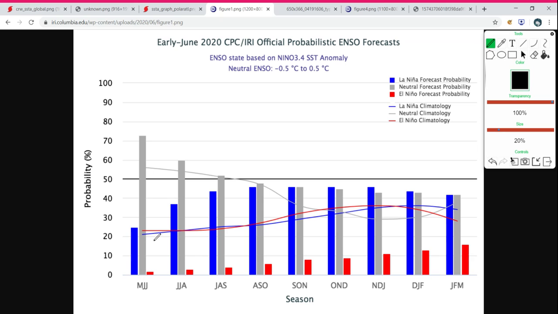But what's really important is this trend line. You can see that the odds of La Nina are going to peak around DJF. This is wintertime, December, January, February, and they eventually decrease later in the winter, JFM, January, February, March.